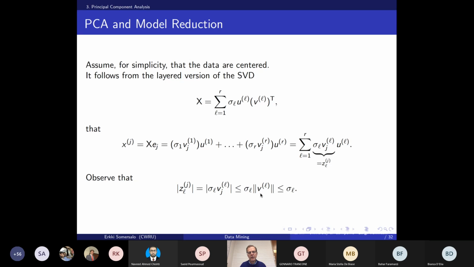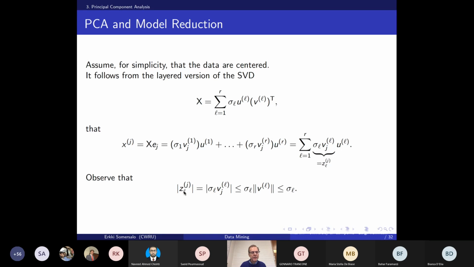So I have an upper limit for this absolute value, given by sigma L times the length of the lth vector VL. Remember, in the singular value decomposition, these VLs are normalized, so their Euclidean norm is 1. So actually here there should be an equality, not smaller or equal. It's not wrong, but we know that this length is 1, so sorry for that.